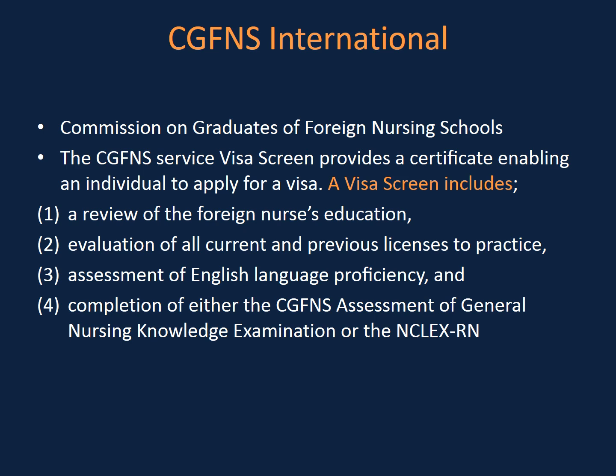Also, completion of either the CGFNS qualifying exam, the assessment of general nursing knowledge, or the NCLEX-RN examination that we mentioned before. So all these steps should be completed in order to get the visa screen that will give you the permit to work in the United States.